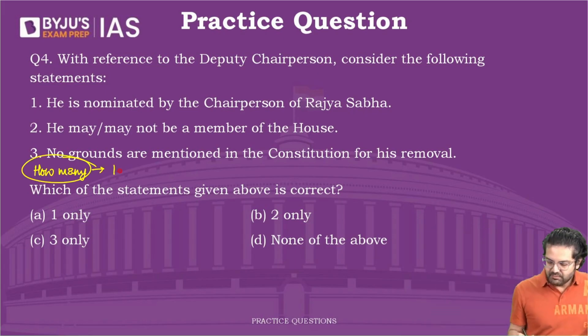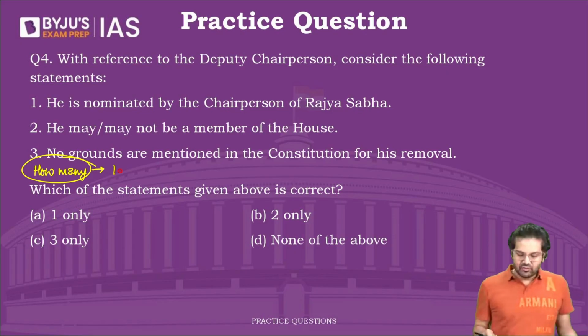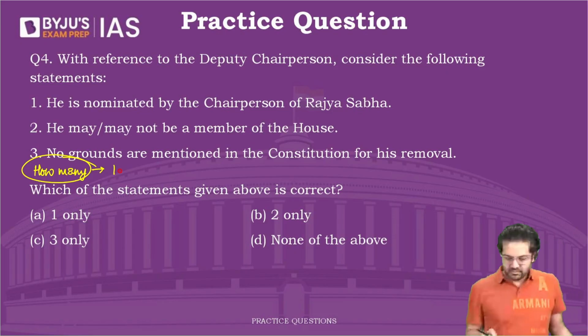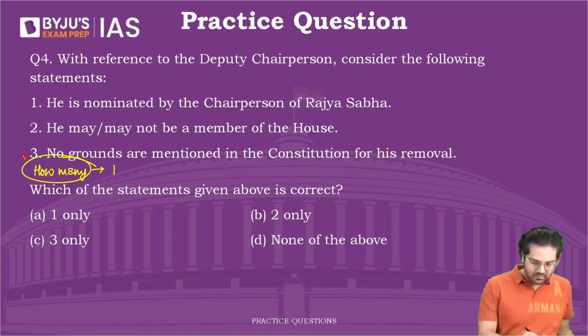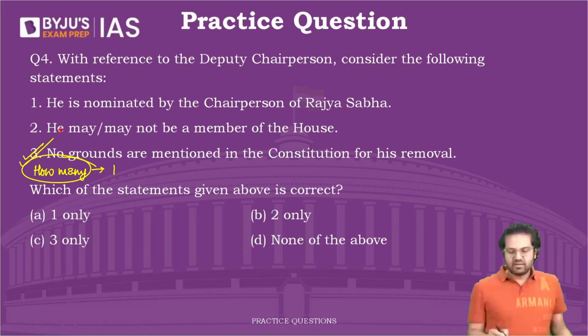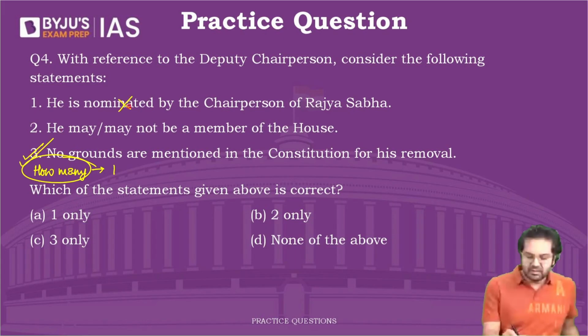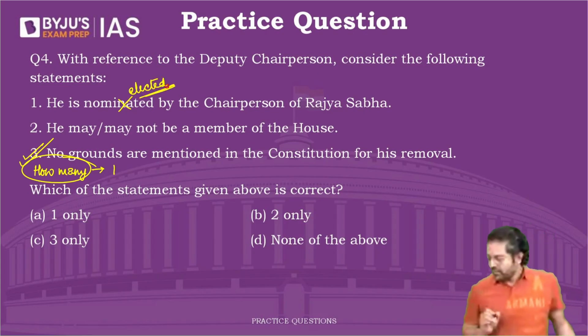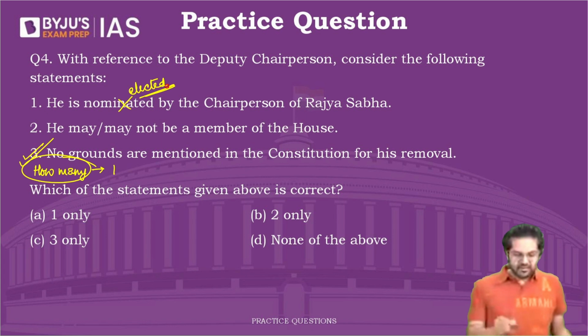But which statement is correct? So of course the third one is correct, because he is not nominated but elected by and from amongst the members. Second, he may or may not be a member of the House.